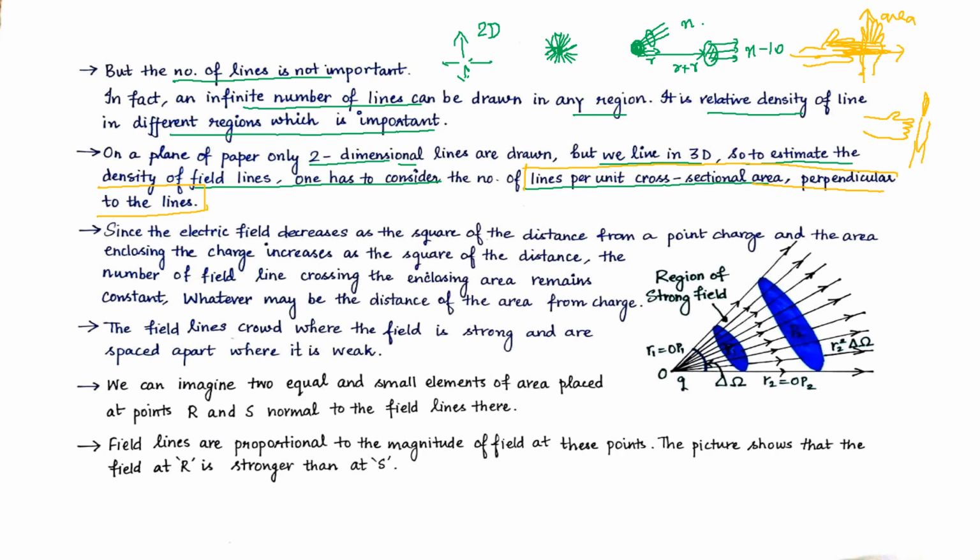So what happened in this case, these electric field lines will move from here to here. So this is called that our area element is perpendicular to the electric field lines. This is coming from here, going out, coming here, going out. So they both are making a 90 degree angle.